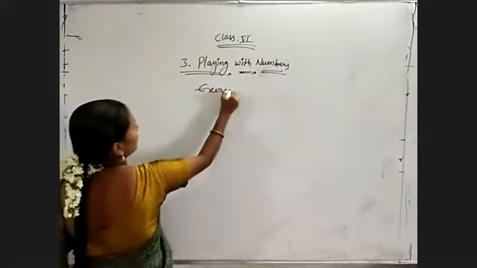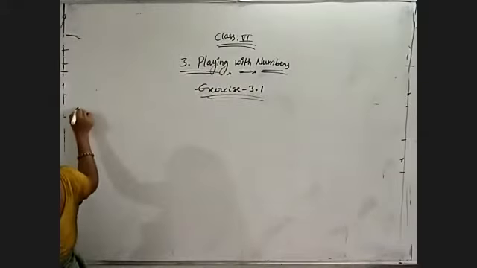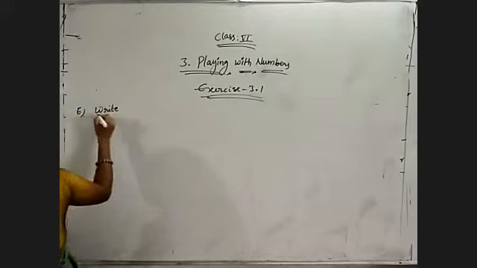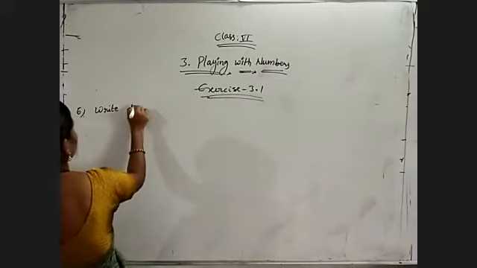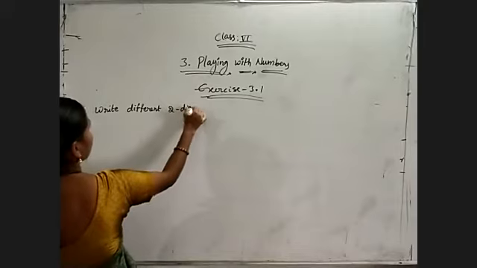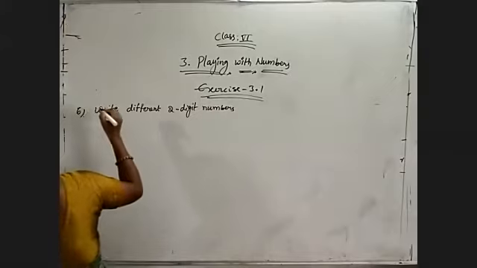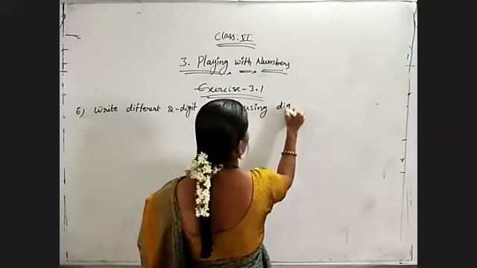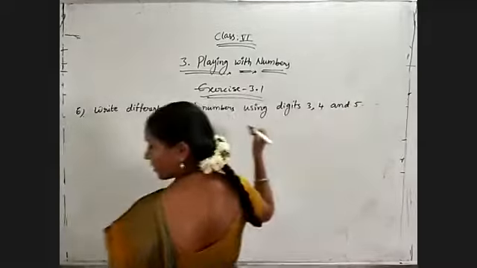Exercise 3.1. Write different two-digit numbers using digits 3, 4 and 5.